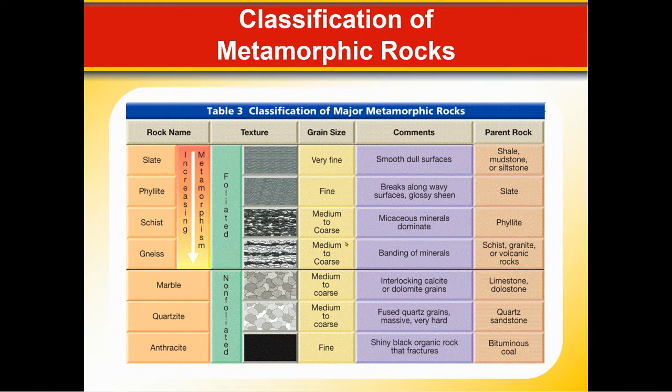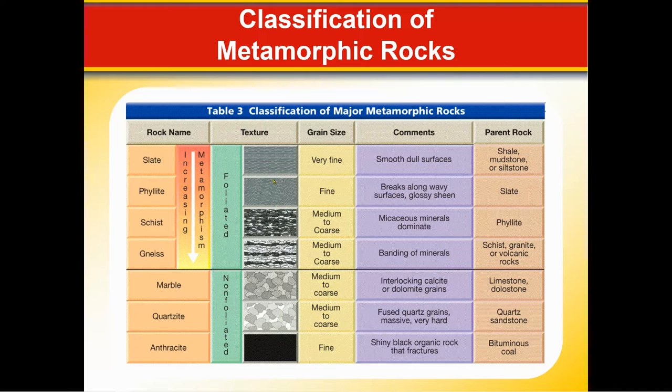Classification of metamorphic rocks. Again, here we're going to go by foliated and non-foliated, and then grain size. What size are the grains? If it's foliated and very fine, it must be a shale or mudstone. If it's foliated and just fine, slate, phyllite, schist, granite.